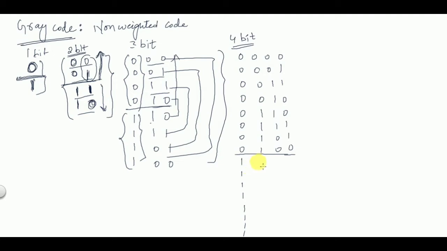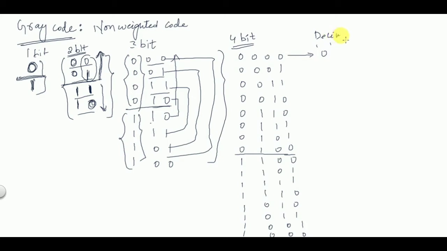And then the mirror image: 1 0 0, 1 0 1, 1 1 1, 1 1 0, 0 1 0, 0 1 1, 0 0 1, 0 0 0. This is the gray code for decimal number 0.